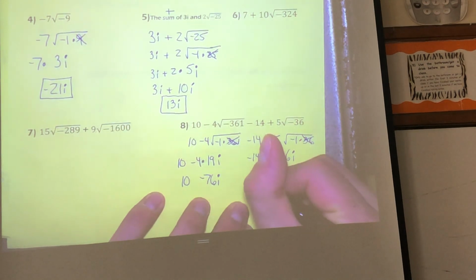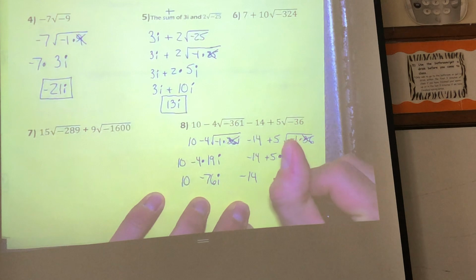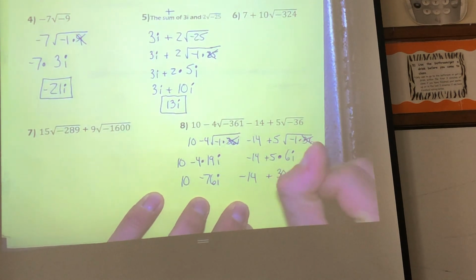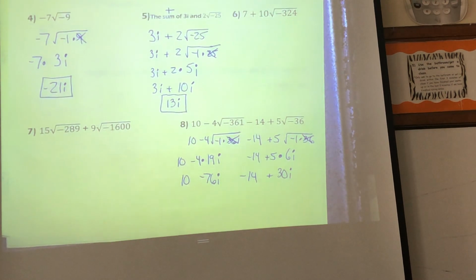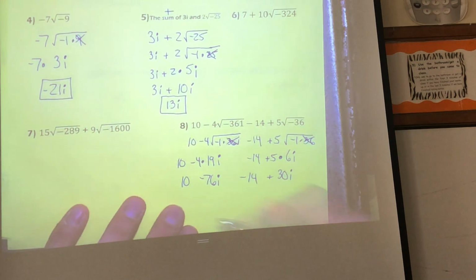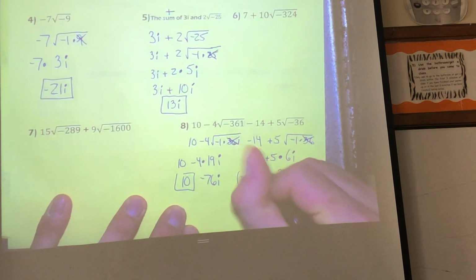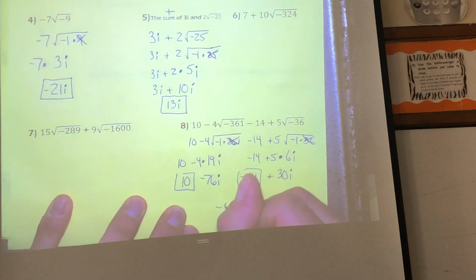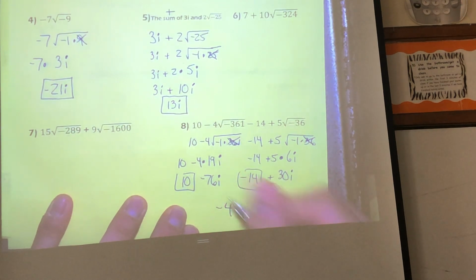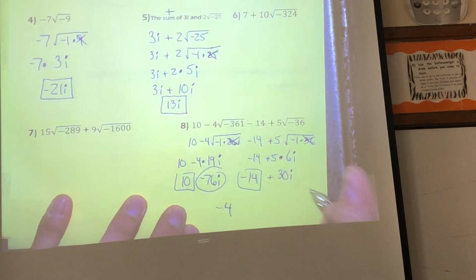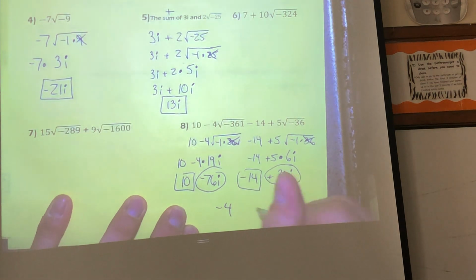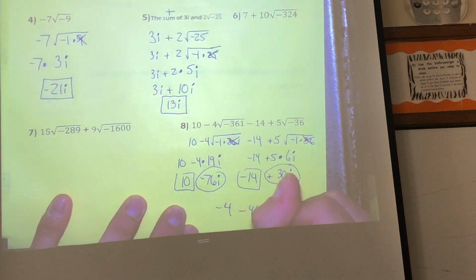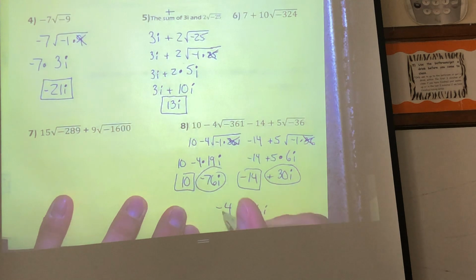So we have minus 14 plus 30i. 5 times 6i is 30i. Combine our like terms. 10 minus 14 should give me negative 4. Negative 76i plus 30i would give me negative 46i. Can't combine those as they're not like terms.